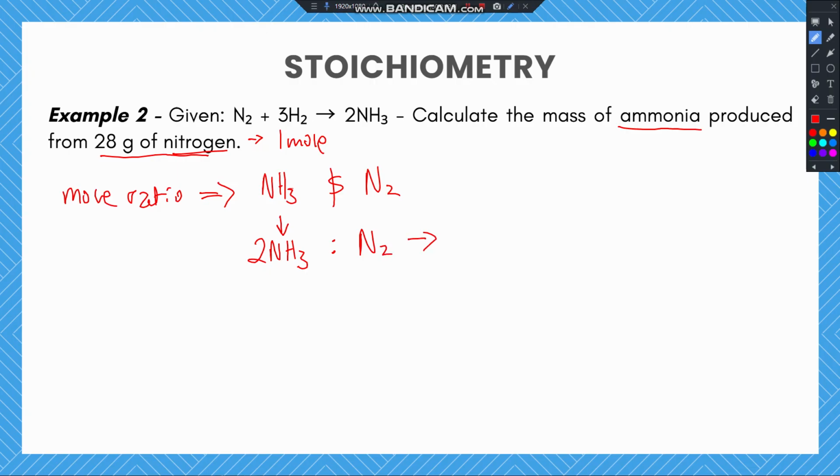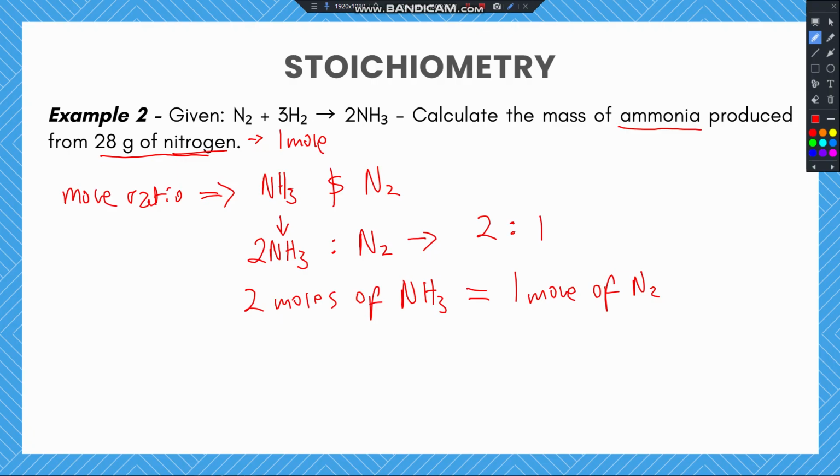So the mole ratio becomes 2:1. What this means is that 2 moles of ammonia NH3 are produced by 1 mole of nitrogen N2. That's the mole ratio.